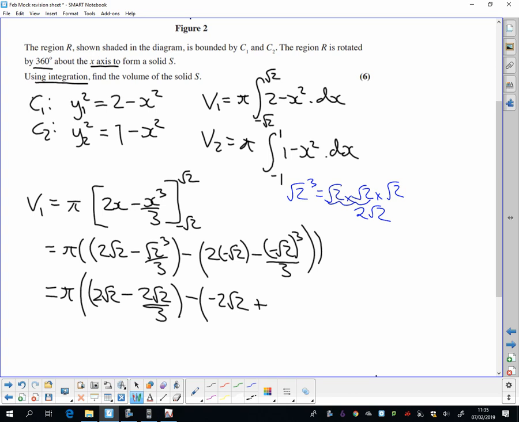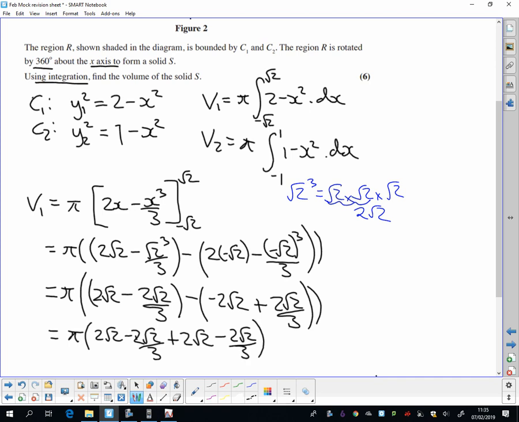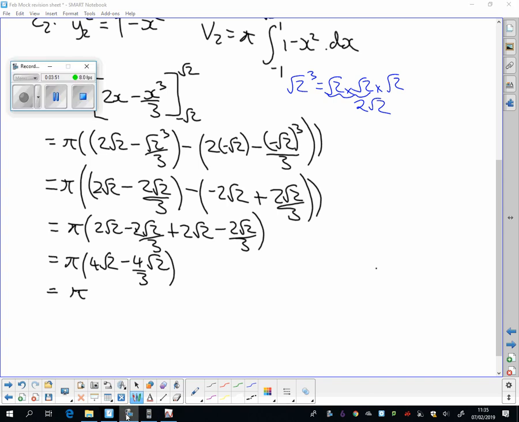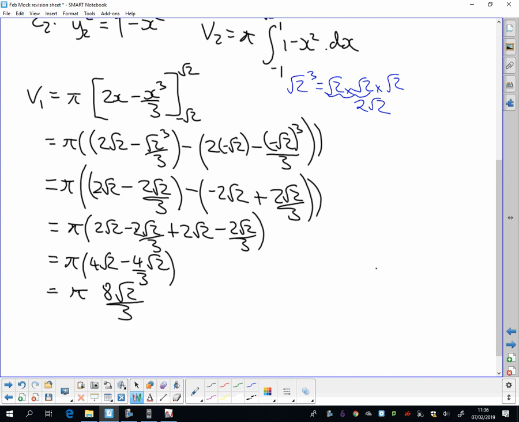That's still going to be negative, which makes that positive, and it's going to be 2 root 2. Okay, so our first volume is going to be pi times 8 root 2 over 3.